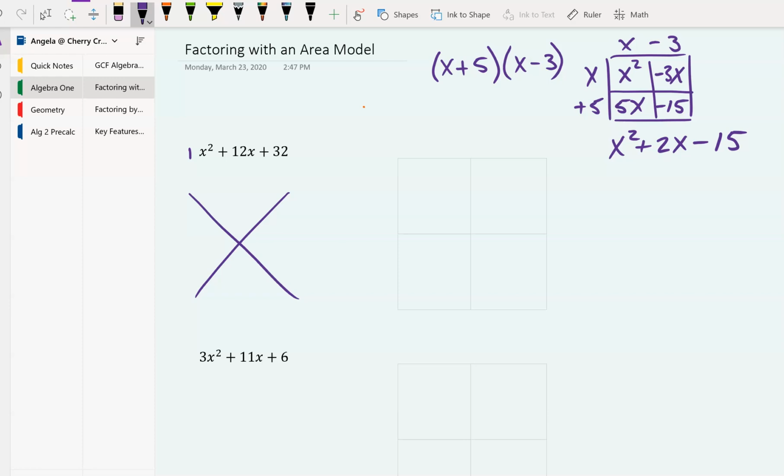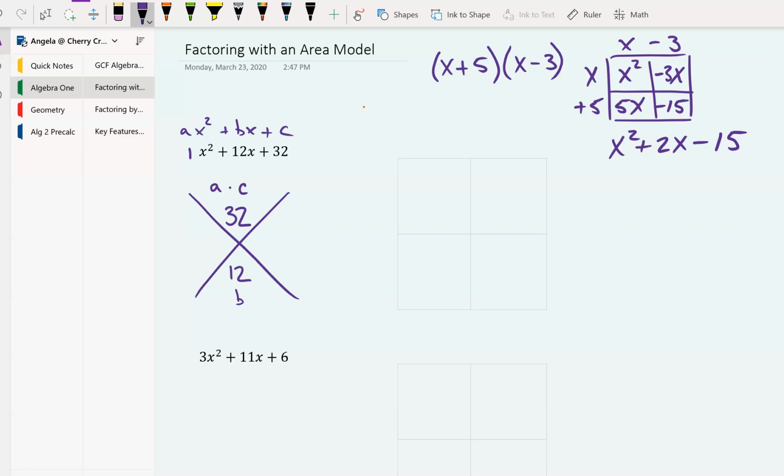It's called many different things probably. I'm going to multiply my A times my C value. So in my ax squared plus bx plus c, 1 times 32 is 32. And I'm going to place my B value down here as a reference, positive 12.